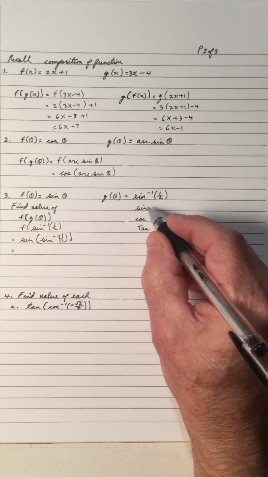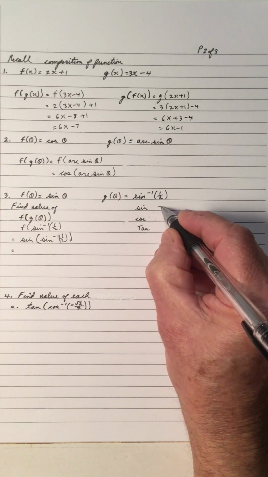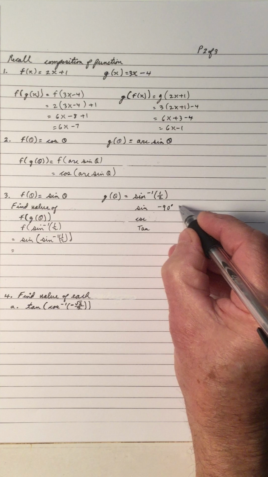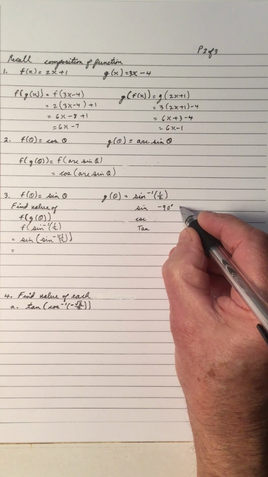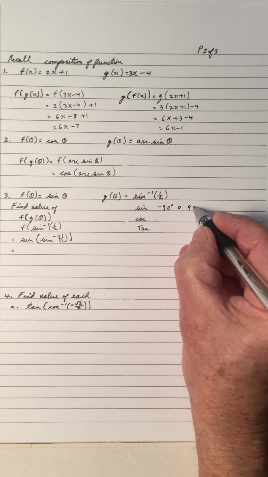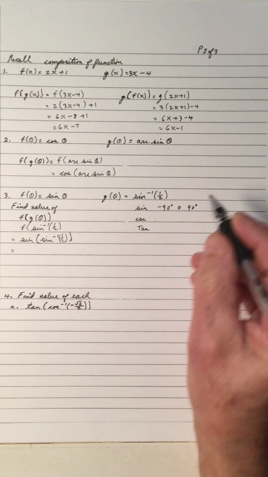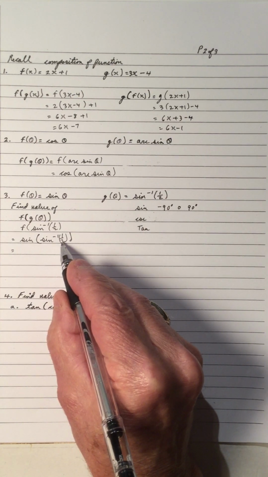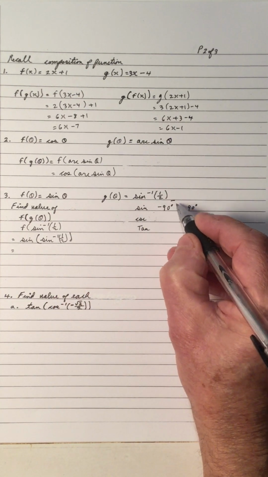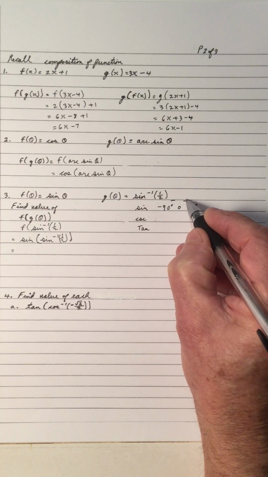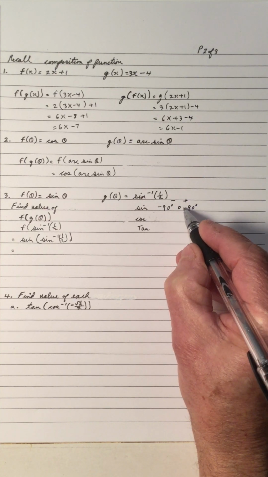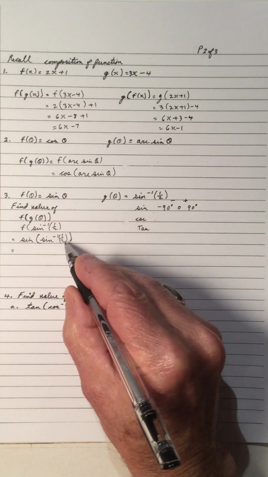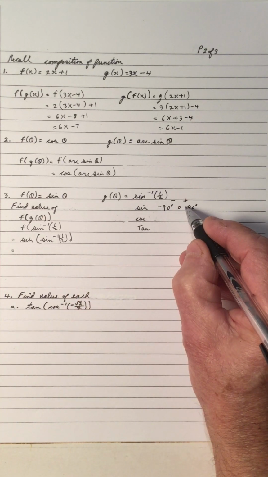When you do inverses, you're looking at the angle from negative 90 to 90. Since this is positive, it's in the first quadrant and the fourth quadrant. Because it's a half, it lies here.